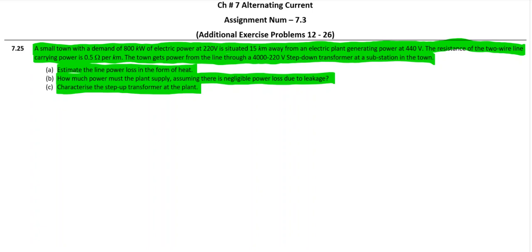So let us understand the problem first. Here power is produced at one part and it is to be delivered to other part through two wire line. So the power which is required, let us denote it by PR, is 800 kilowatt, that is 800 into 10 raised to 3 watt, and the voltage required is 220 volt.